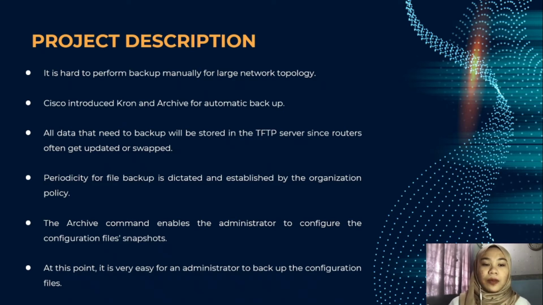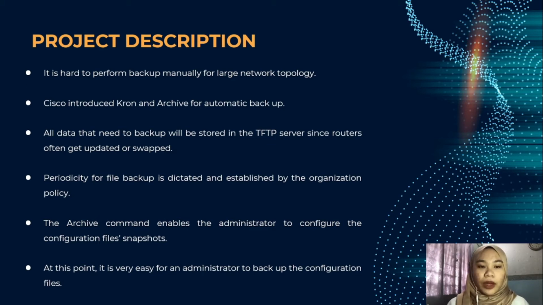All data that needs backup will be stored in the TFTP server since the router often gets swapped or updated. The periodicity for every Cisco device's backup network configuration file is established by the organization's policies. The frequency could vary depending on the organization's needs.